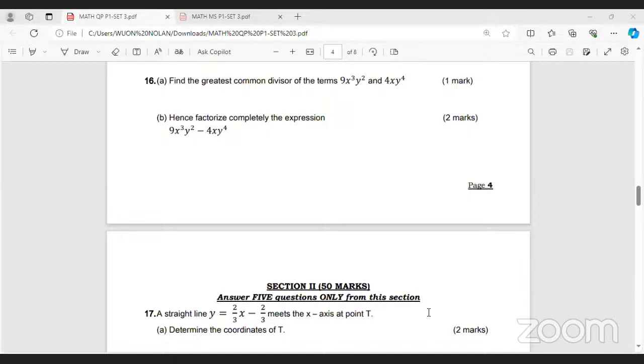Among the quadratic identities, there is one we call the difference of two squares. You have a squared minus b squared, a perfect square being subtracted from another perfect square. We call that difference of two squares. Now, after we factorized what we have here, you realize that whatever is left inside looks like a squared minus b squared.